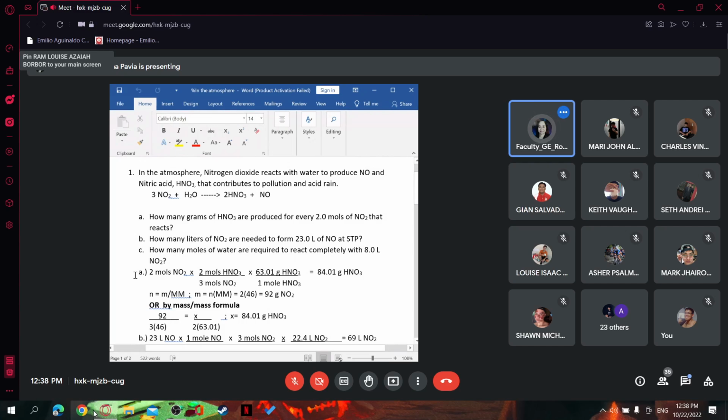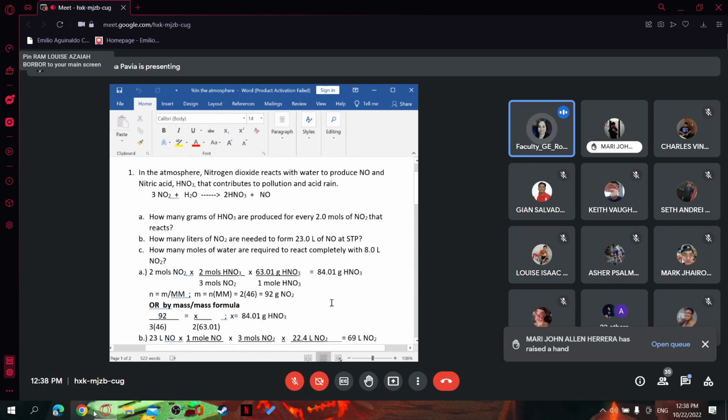So, times coefficient of nitrogen dioxide is 3 times the molecular mass equals X. Okay? X is your unknown, the mass of nitric acid that has been produced, divided by its coefficient and molar mass. So you get the same value.